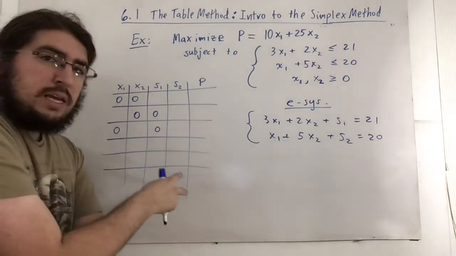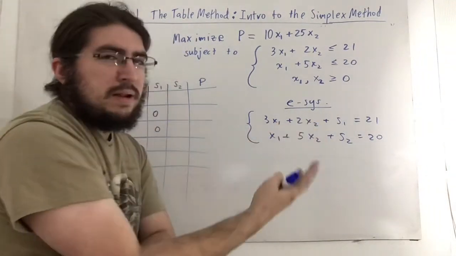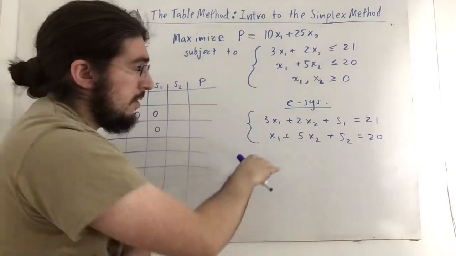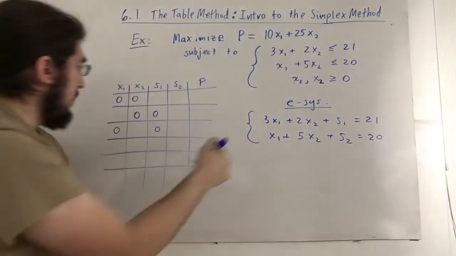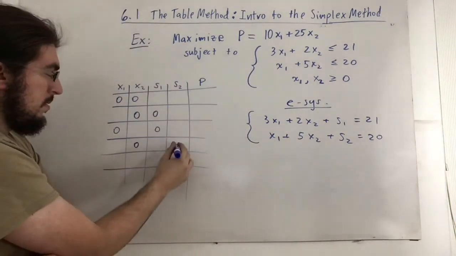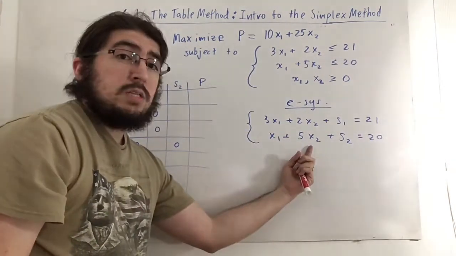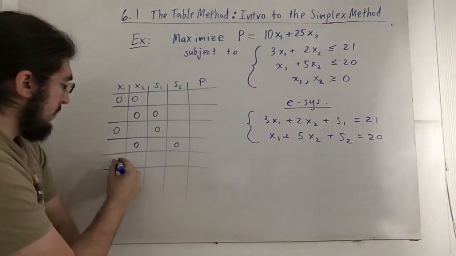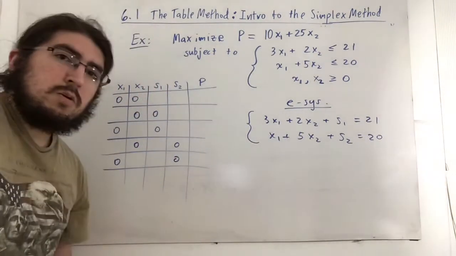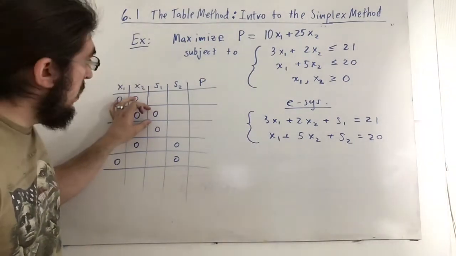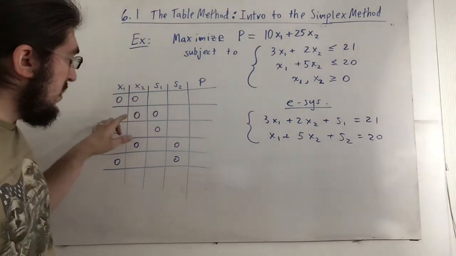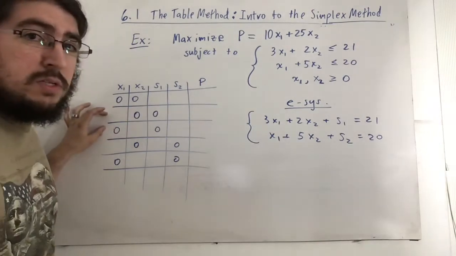And then for the second equation now, if x1 is non-zero, then x2 and s2 will be 0. Similarly, if x2 is non-zero, then x1 and s2 will be 0. So if you take a look, what we're doing here is setting s1 to be 0, and one at a time having each of the x's be 0 for those two scenarios.